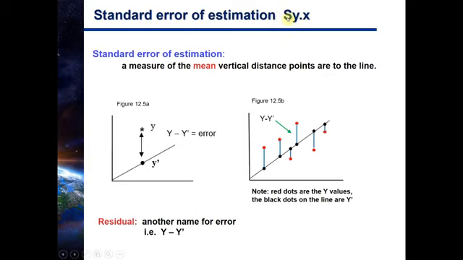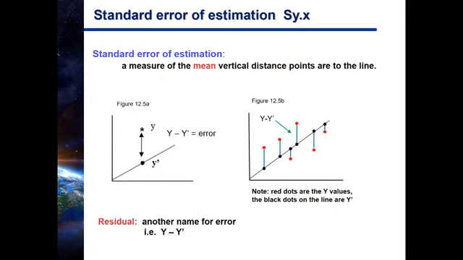So this is a measure of something, right? What is it a measure of? It's measuring the mean, so it's an average. The mean vertical distance points are to the line. In other words, Sy.x is measuring the average amount of scatter around the line.